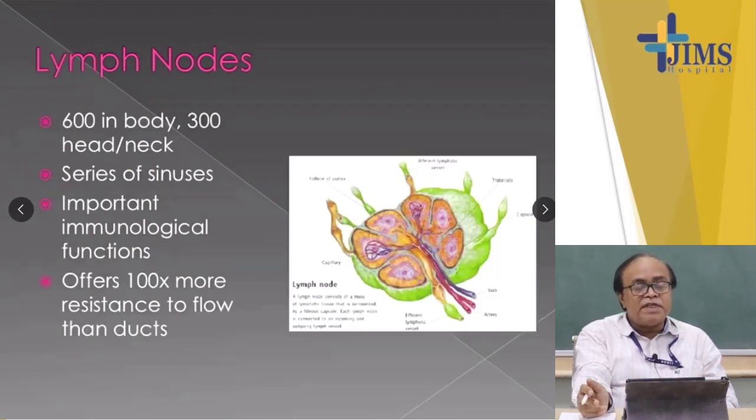There are approximately 600 lymph nodes in the body, out of which 300 are present in the head and neck region. These lymph nodes perform important immunological functions and offer resistance to the flow of lymph.